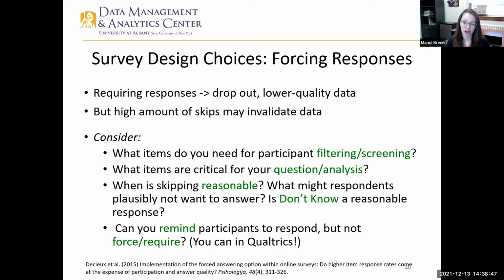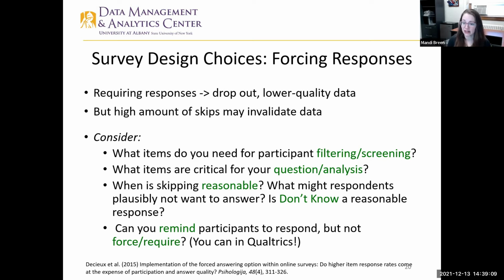One important thing to note here when considering forcing response is if you did go through an IRB for this project, and you are considering forcing a response that you didn't force in your submission to the IRB, you might have to submit an amendment to them to say this is a question that we want to force a response to.